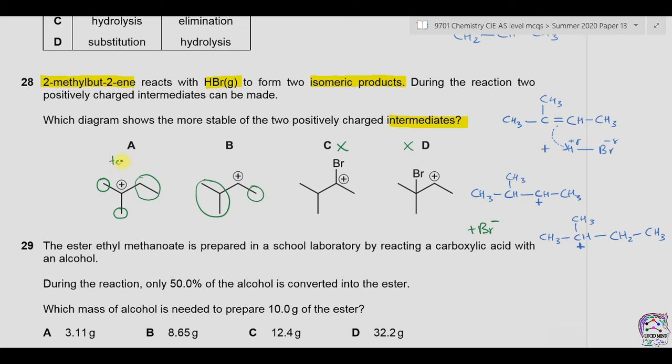A is tertiary carbocation and B is secondary carbocation. Now tertiary carbocation is always more stable than secondary carbocation because of the presence of alkyl groups. Due to the alkyl groups, there is electron donating effect and it stabilizes the intermediate carbocation. So therefore A is more stable among A and B.